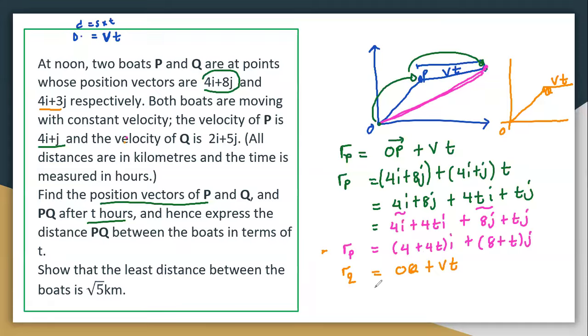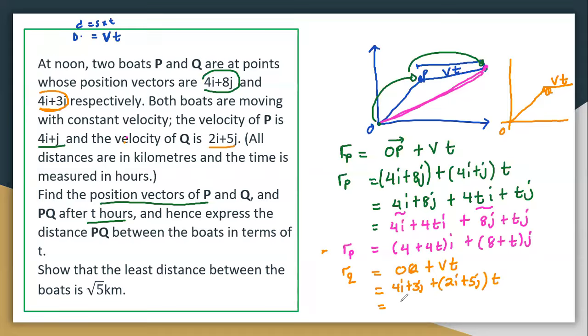Now we are going to have our OQ. The position vector of Q from the question was given like this: 4i + 3j, then plus our velocity, which was given as 2i + 5j, everything times time.